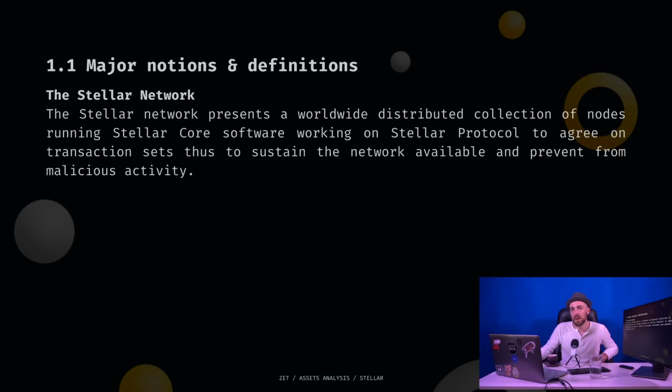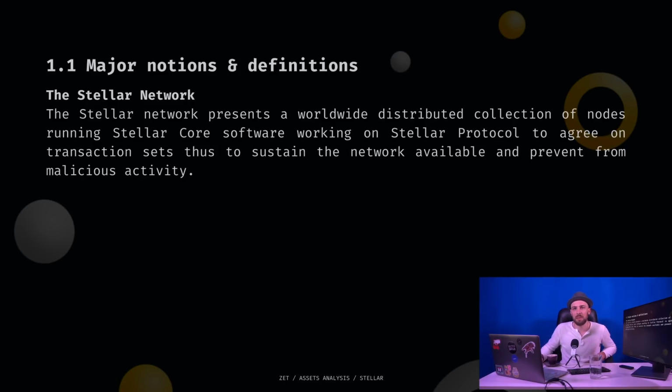In other words, the Stellar network is a network of nodes that sustain the network. Nodes, if you do not know, are computers that run a blockchain in other cryptocurrencies. In case of Stellar, it is software, it is not blockchain.